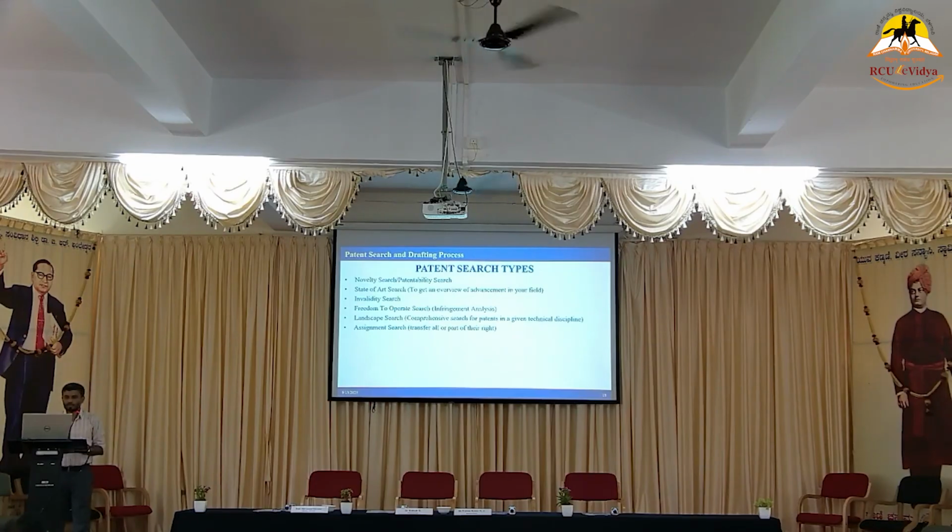So freedom to operate search. Freedom to operate search says whether it has already been done or not. Many people have done the work. Those searches we need to do. Landscape search. I told you, right, whatever the concept we have, it should be easy to manufacture. For example, the Wright brothers invented the aeroplane. At that point of time, people said, you are a mad guy, this cannot be done.